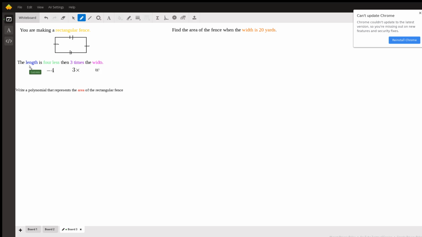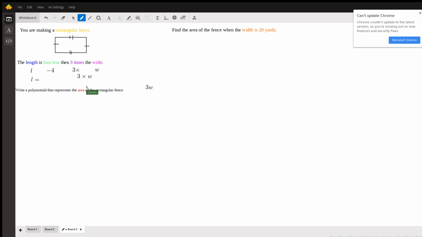All right, so the length is, that means L equals, and then we have to figure out what L equals. So 3 times the width, pretty self-explanatory, 3 times W, which we know can also be written as just 3W.